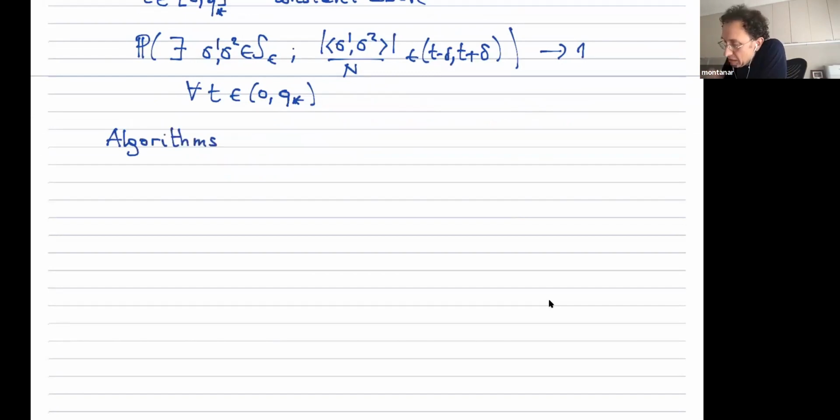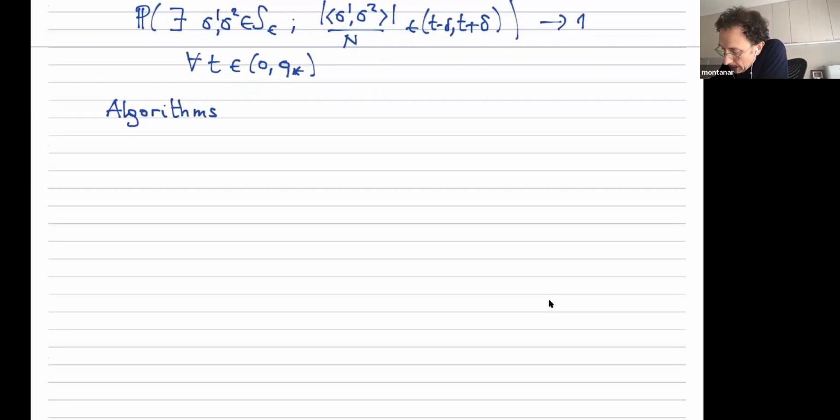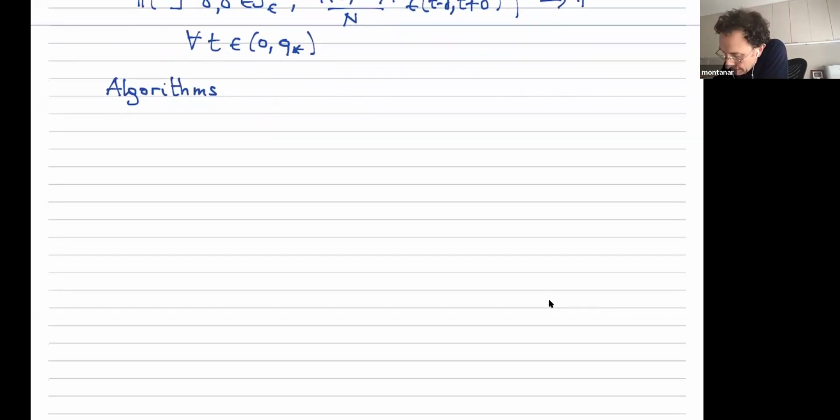For optimizing this, I'll begin by defining another function space that is a superset of the set U. I call it L, and this is the space of functions from 0, 1 to reals, such that I want the following two conditions to hold.